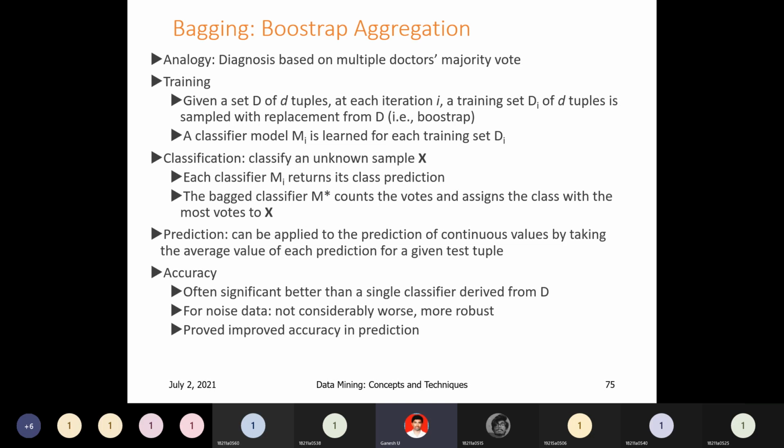For each iteration i, a training set Di of d tuples is sampled with replacement from D. Here you observe the main thing we follow in bagging: from capital D we are creating a number of small data sets, with replacement.